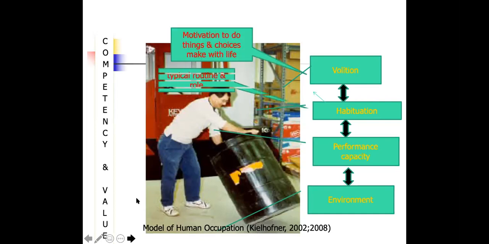Okay, motivation to do things and choice make with life. This is called volition. Your routine and role pun kena ambil kira. Kalau dia tak play role as tempat dia bekerja, effect dia punya performance, especially vulnerable population, mental retarded, autistic.